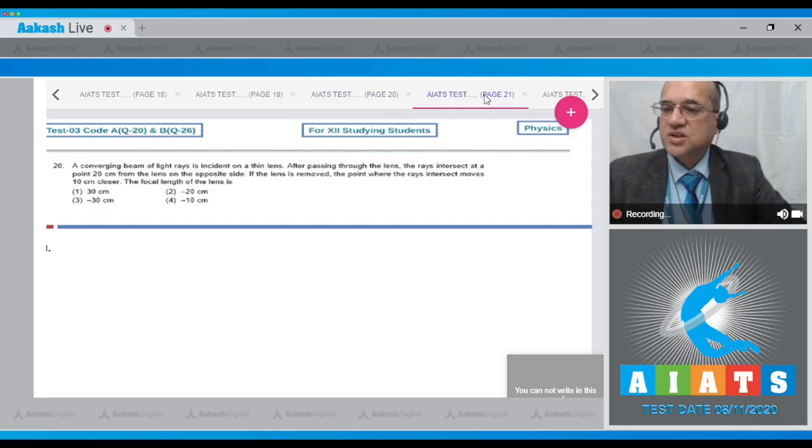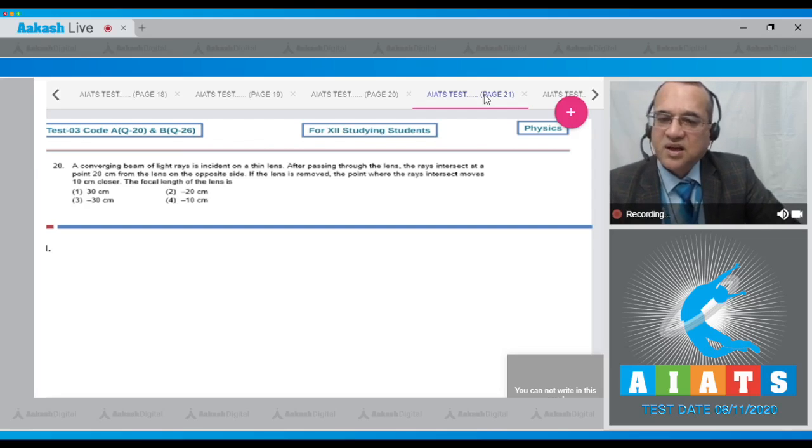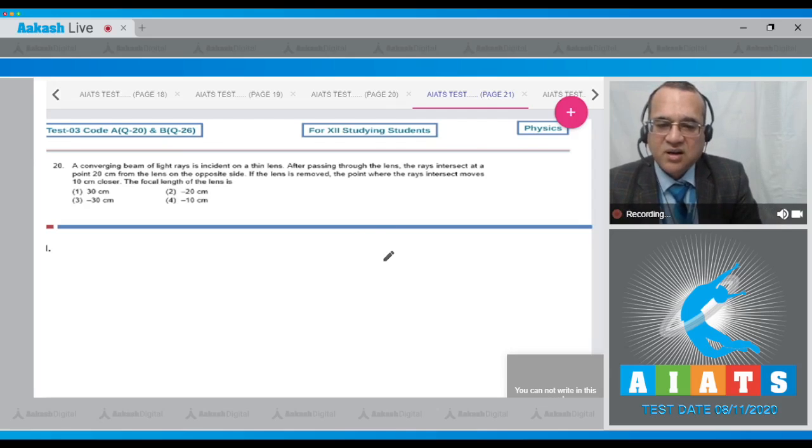Now let's go to question number 20. A converging beam of light rays is incident on a thin lens. After passing through the lens, the rays intersect at a point 20 cm from the lens on the opposite side. If the lens is removed, the point where the rays intersect moves 10 cm closer. Find the focal length of the lens. Now, dear students, somewhere we are keeping the lens here and the rays were converging.